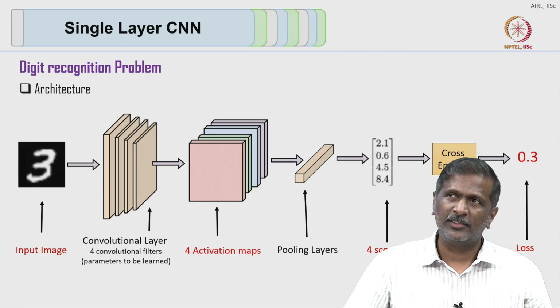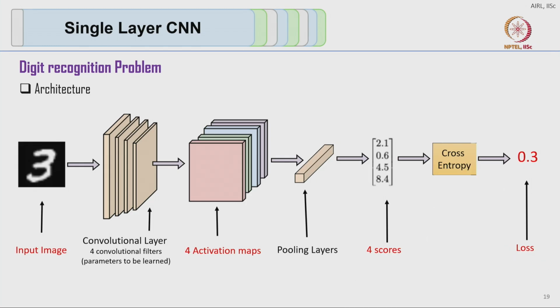I introduced the basic convolution process, right? I talked about what the convolution operation means. We saw, given a 5 cross 5 image and a filter of 3 cross 3, how you can get the activation map using the convolution operation.